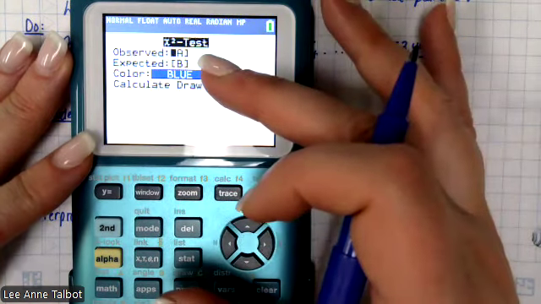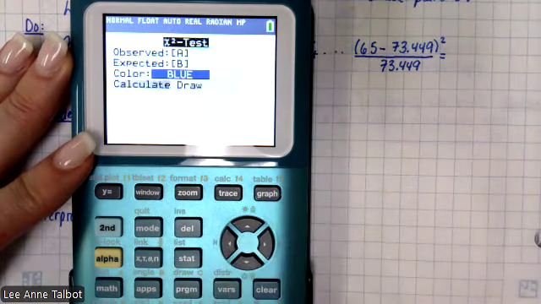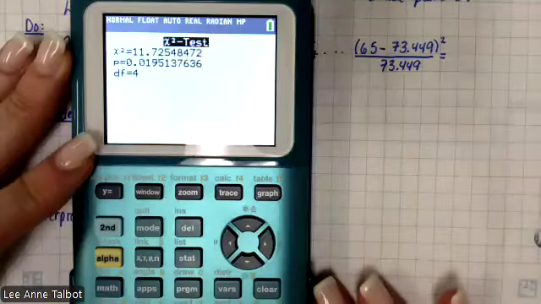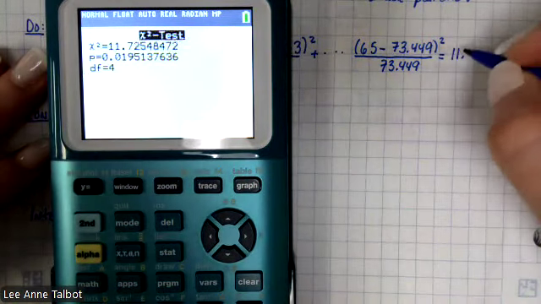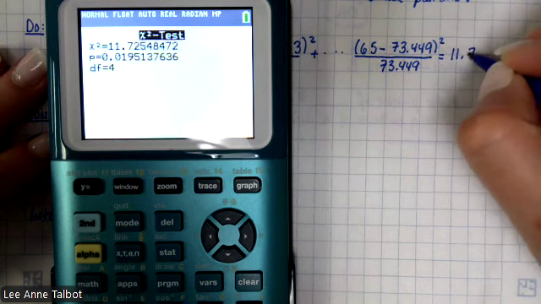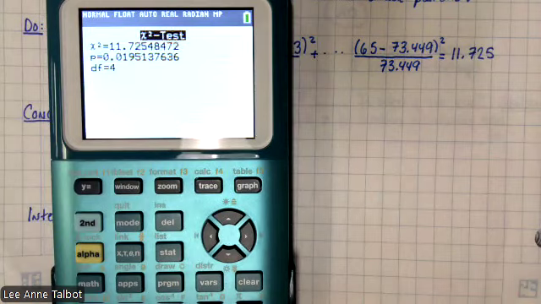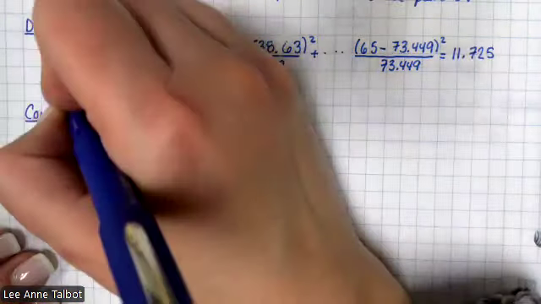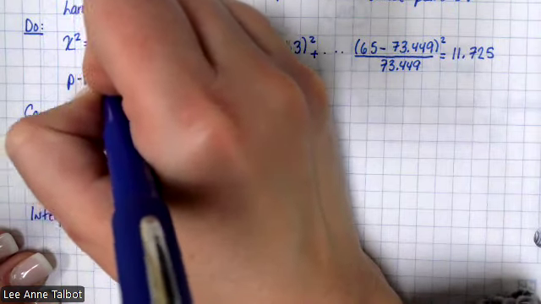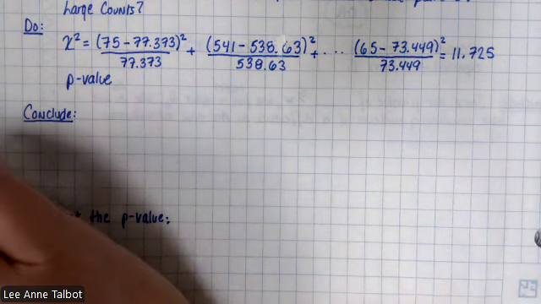And then observed is in A, expected is in B, go down to calculate.